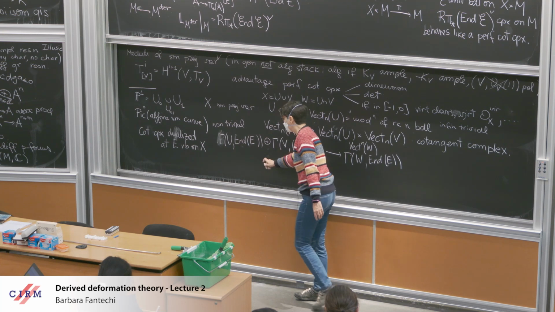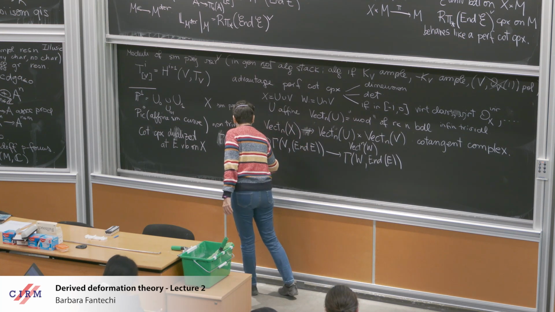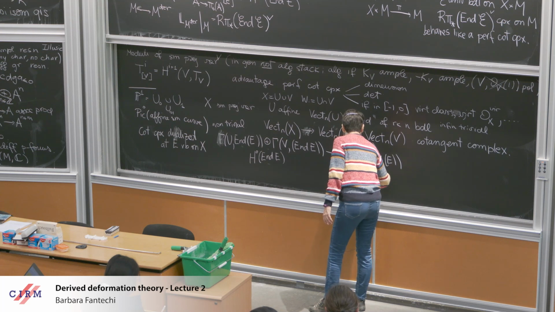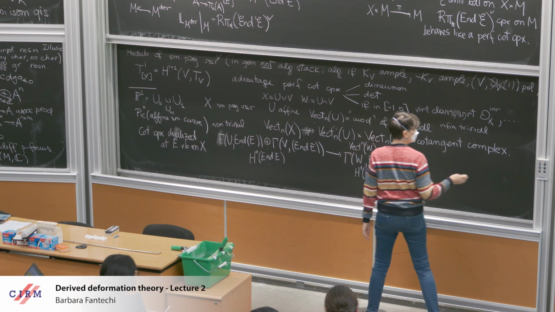Here I get as cohomology the H0 of End E, and here I get the H1 of End E.